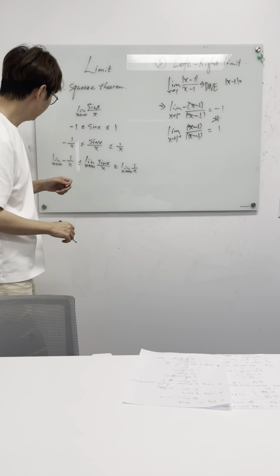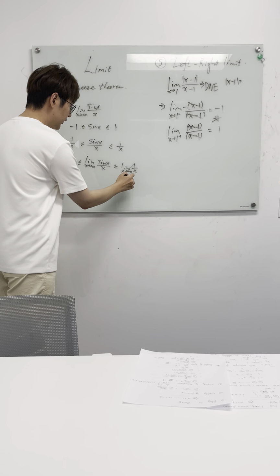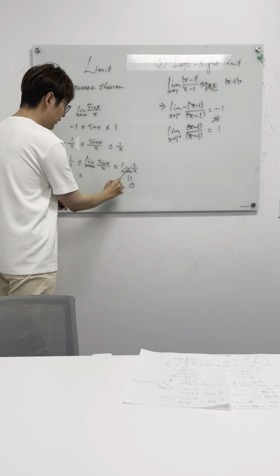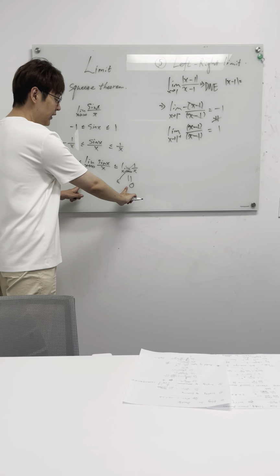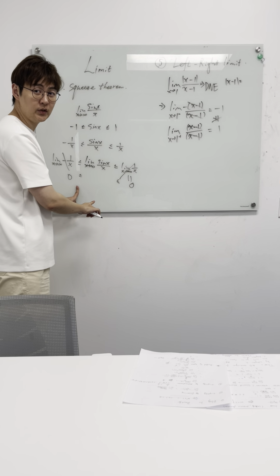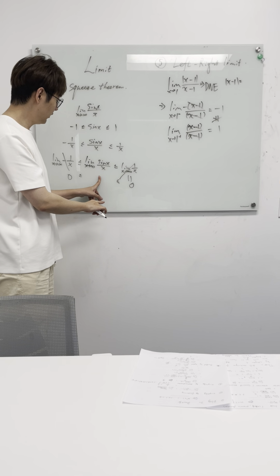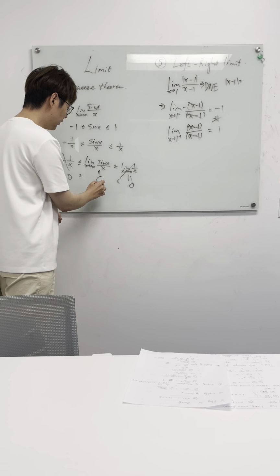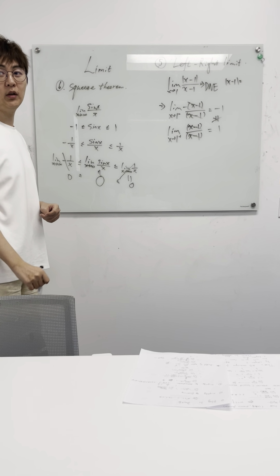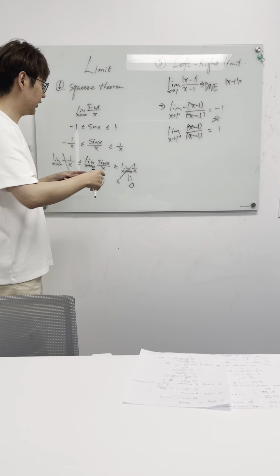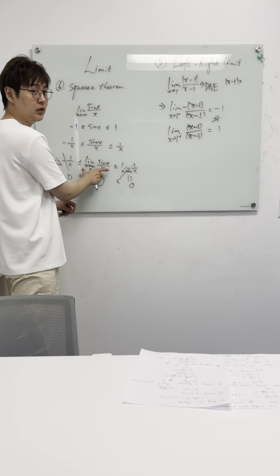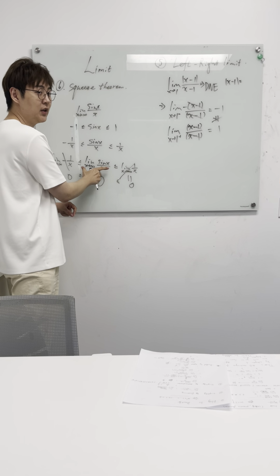You see this one is 0, and this one is 0. So this number is less than or equal to 0 and also bigger than or equal to 0. So the only possibility is that this limit is also equal to 0. It's less than a number and bigger than a number, and these two have the same value.